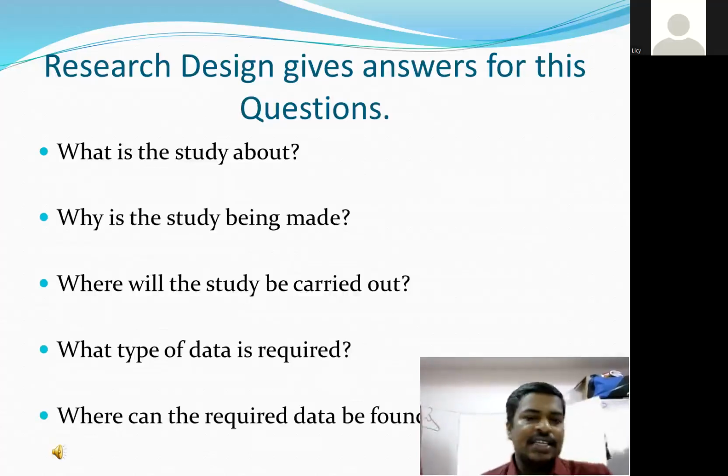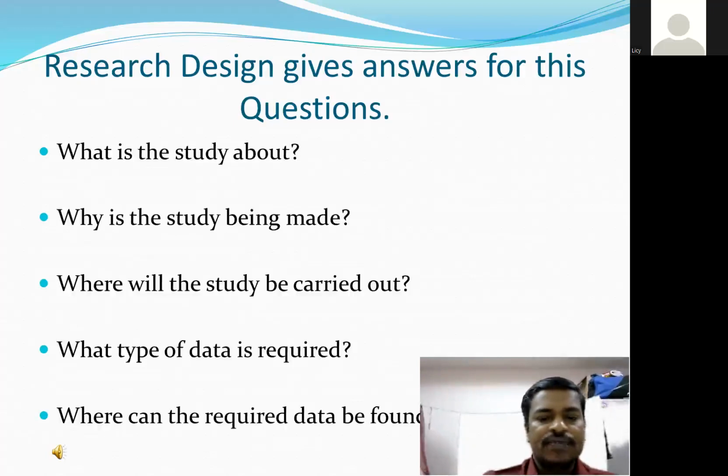Already I discussed these kinds of questions. From here you have given answers: What is this study about? Why is this study being made? Where will this study be carried out? What type of data is required? Where can the required data be found?